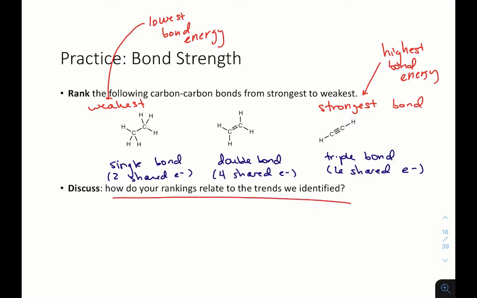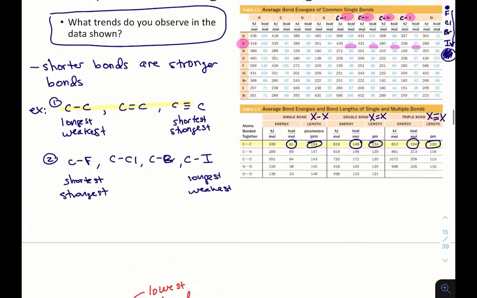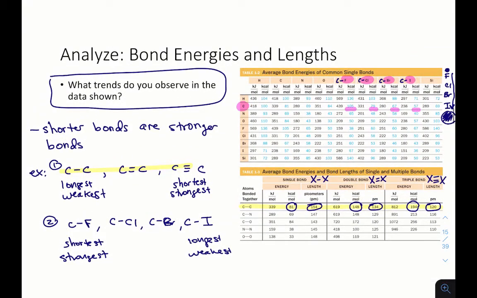These rankings relate directly to the trends we just identified, which are that shorter bonds are stronger bonds. We saw that as bond order increases, going from single to double to triple bond, the bond energy increases and the length decreases. Shorter and stronger bonds.